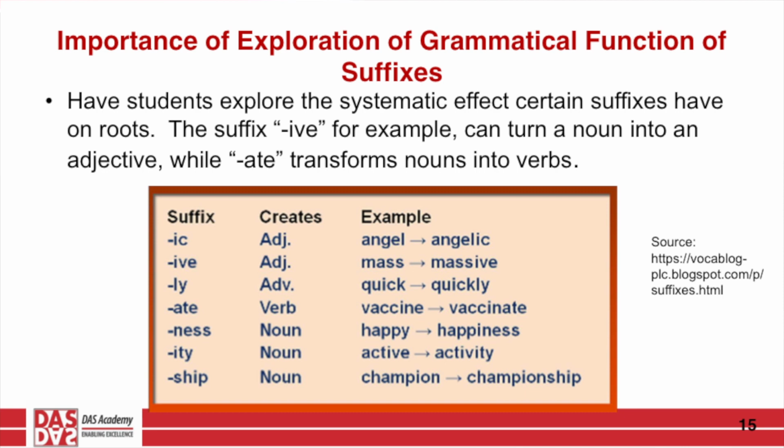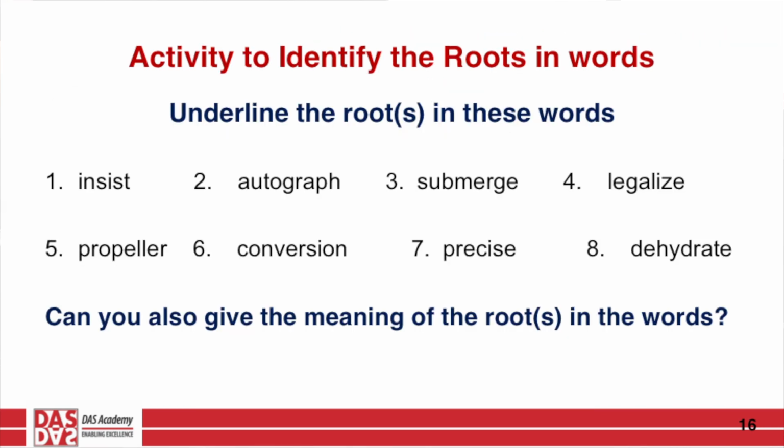All right, now, I think I've been talking too much. It's time for you to do some work, okay? Your first activity is, I would like you to underline or circle the roots in these words, okay? Due to shortage of time, we will not be able to do the second part of this activity, but this is a sample activity that you can do with your students.